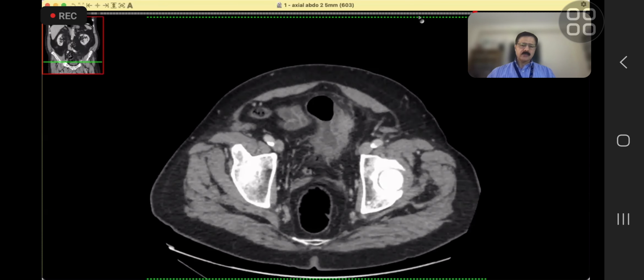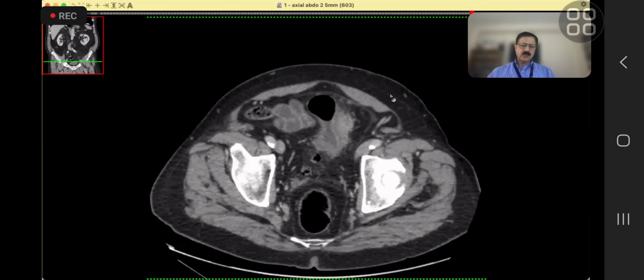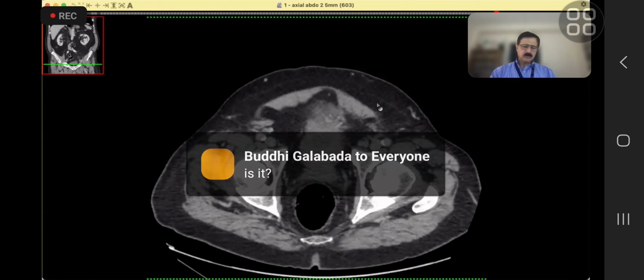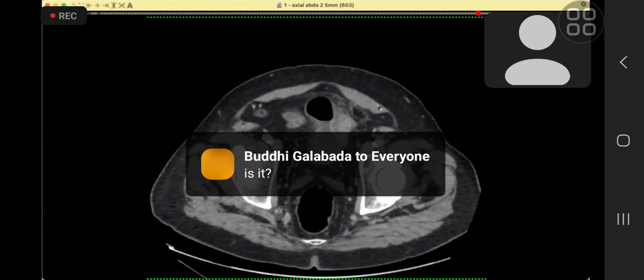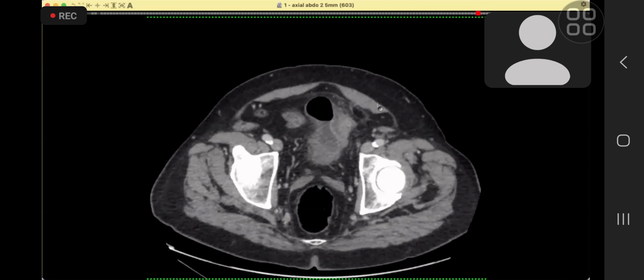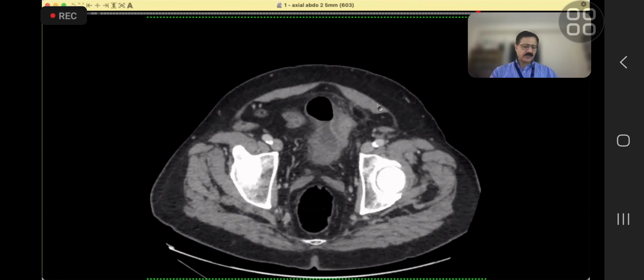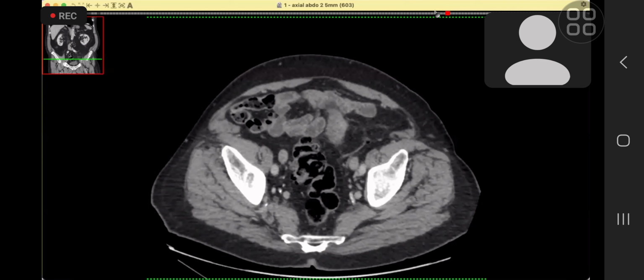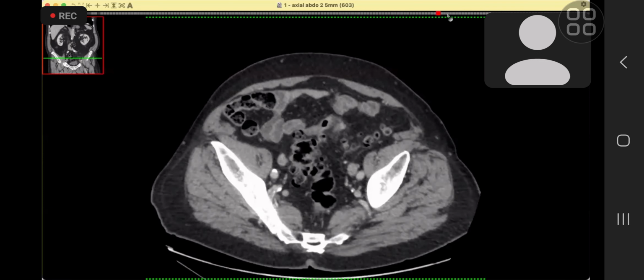Just concentrate here and work out what is happening in this area. Yeah, so I initially saw this abnormality. I was trying to work out whether this was possibly the urinary bladder, because there's quite a large... So I can see that within this pelvic structure there is quite a large free locule of gas.